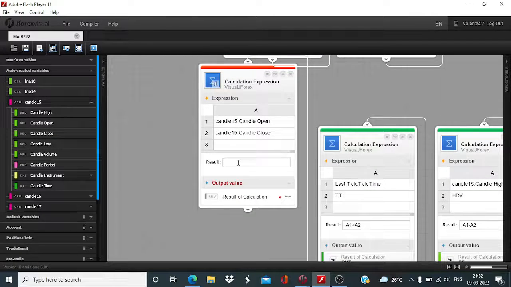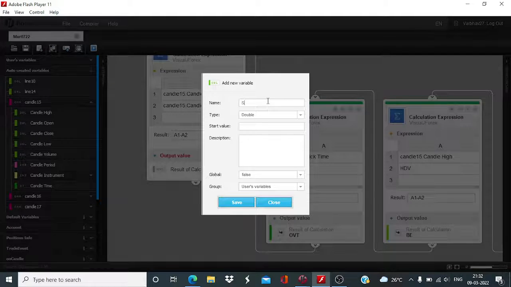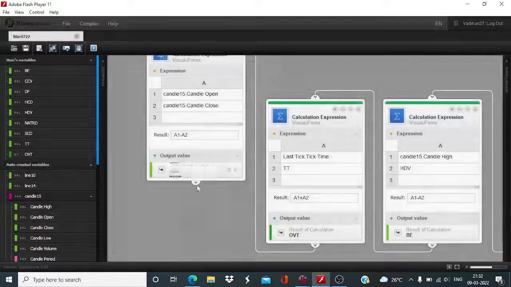Okay, so here it becomes A1 minus A2, and this will be candle difference.